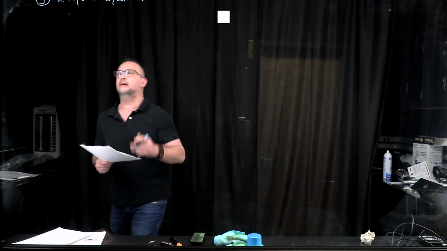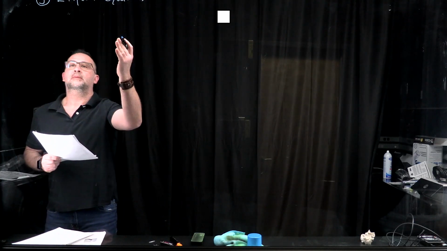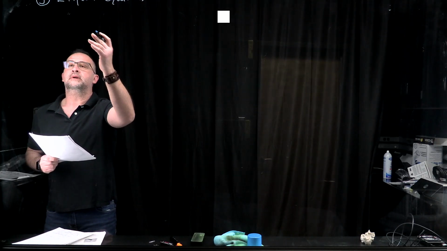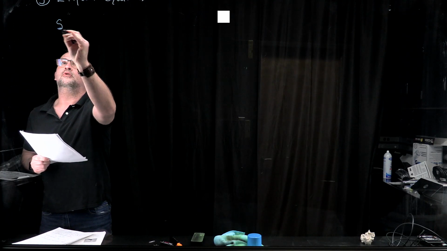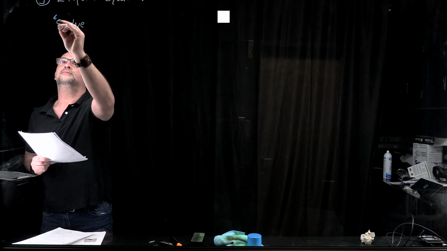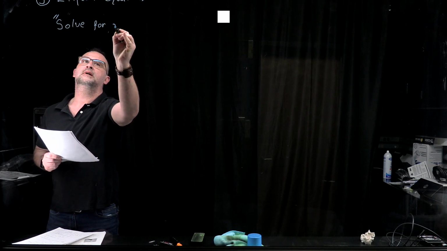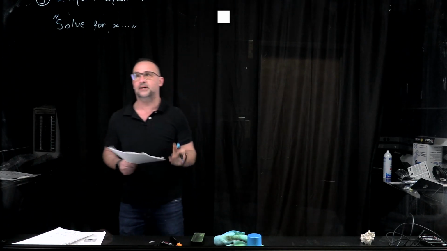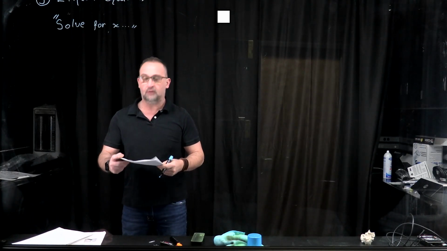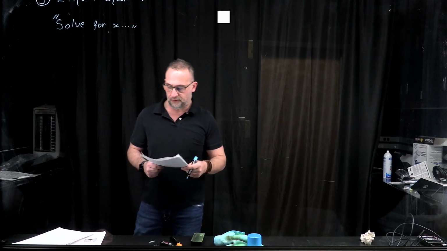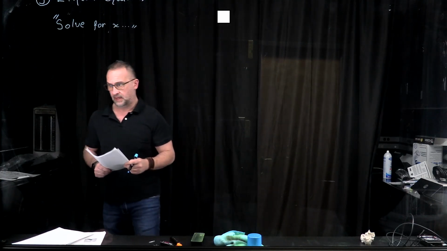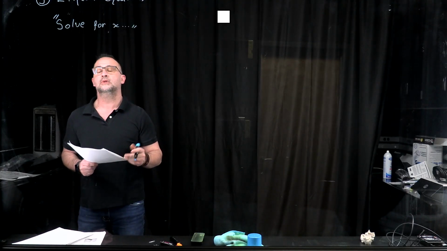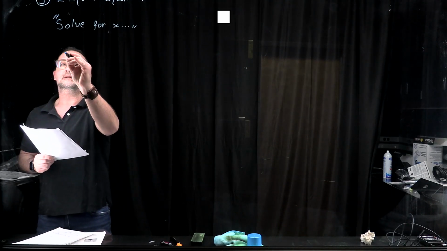But essentially, the task that you're going to be hearing very often is solve for x. This x may be y, z, k, a, b, whatever, but essentially we're going to be solving for an unknown. So let us refresh a couple of things about how we go about solving a linear equation.